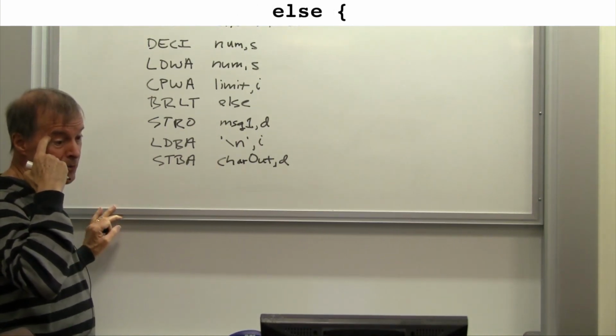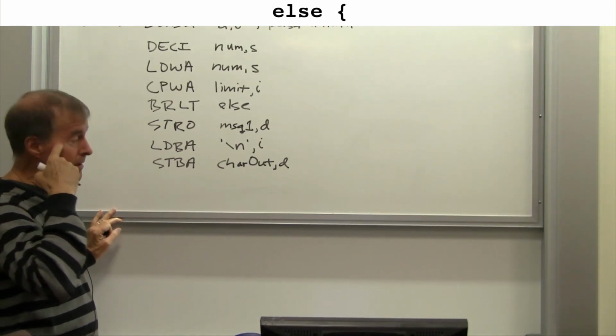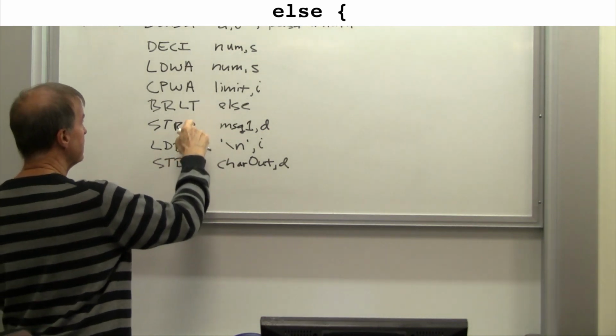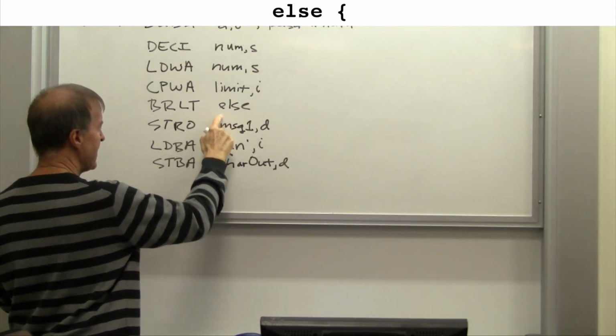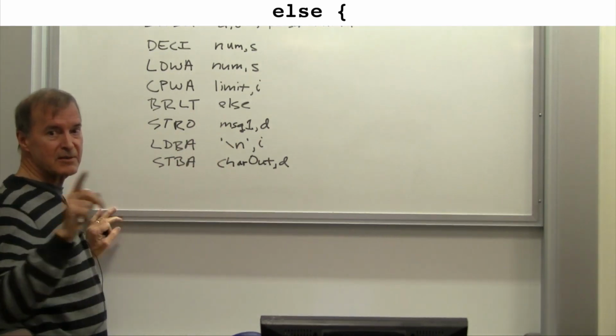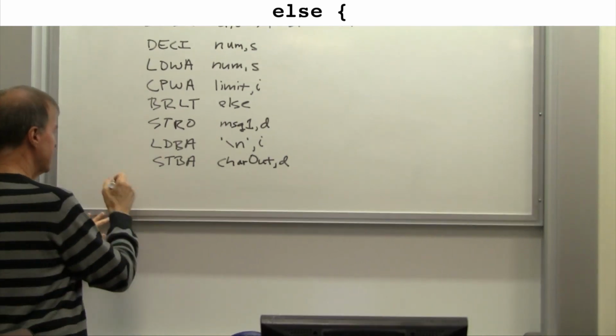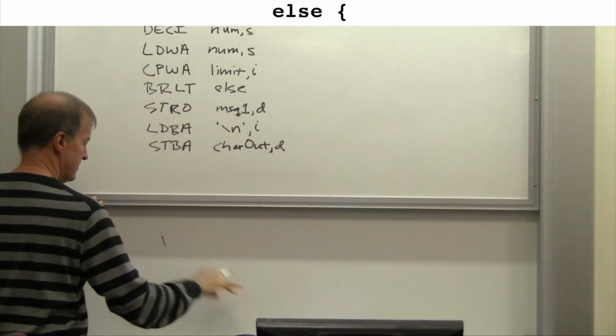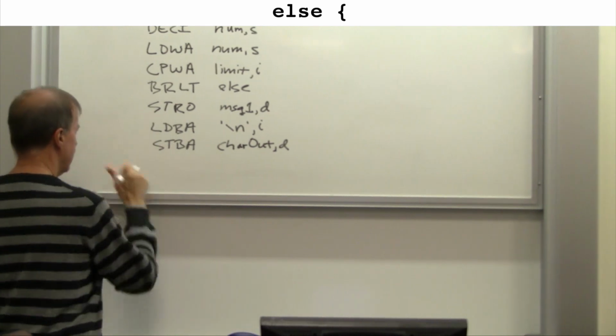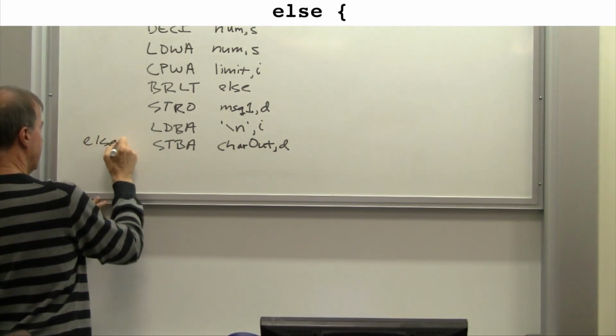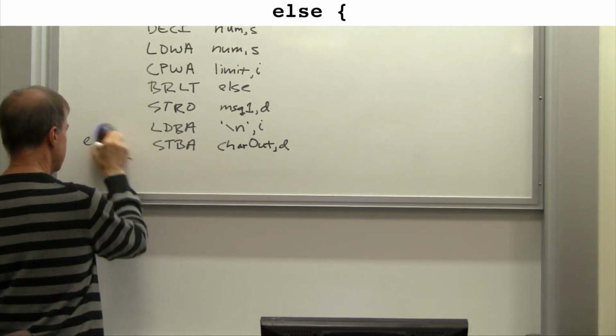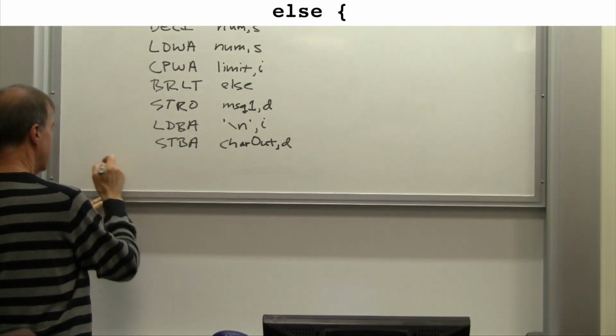And now we're at the else part, right? This was branch if less than to else. So now here comes our else.